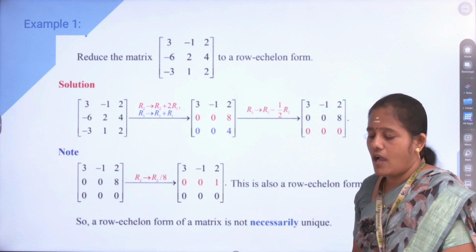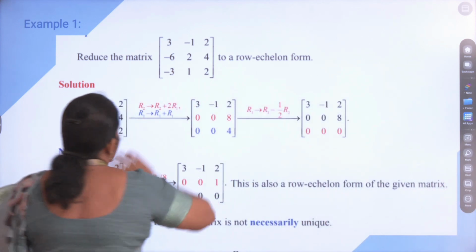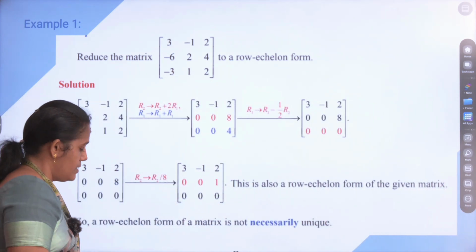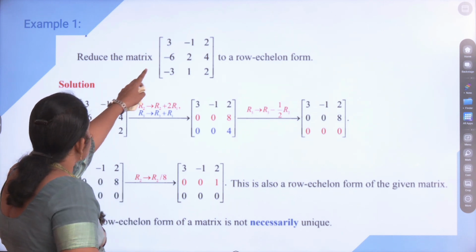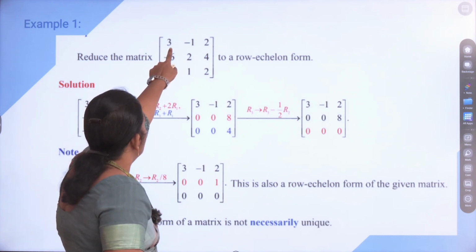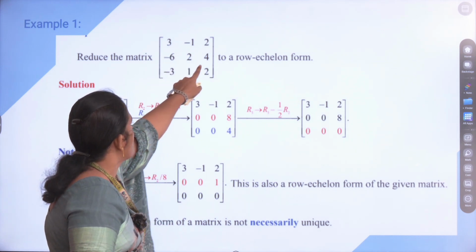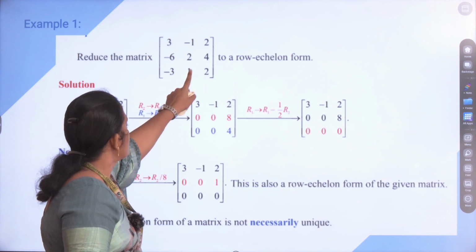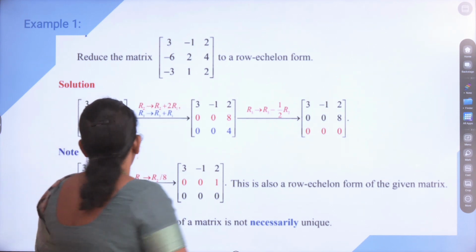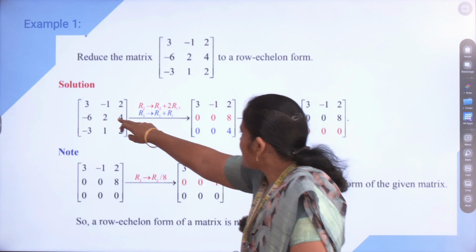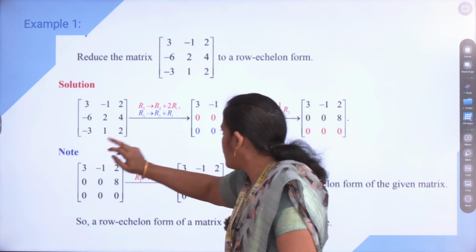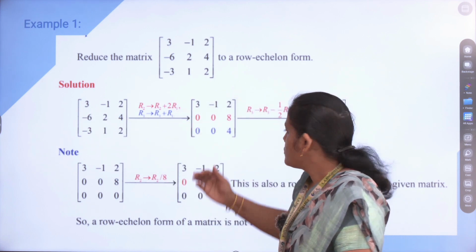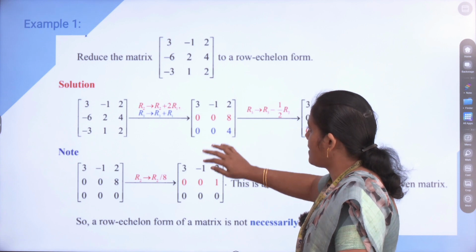Here is an example of how to reduce a matrix into row echelon form. The first row is 3, -1, 2, the second row is -6, 2, 4, and the third row is -3, 1, 2. The first element in the first row is a non-zero element, so we can proceed to the next step.